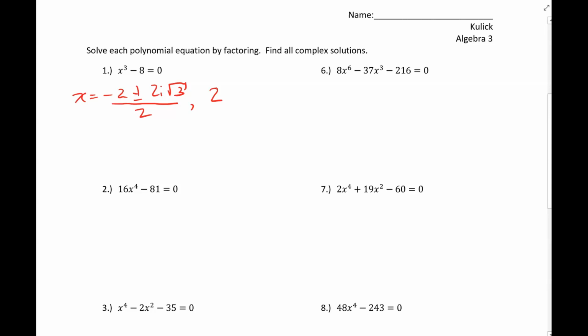McKenna, what did you get for number 2? Sierra? Did you do number 2? Sitong, did you get an answer for 2? We're going to go all the way back to Lexi.